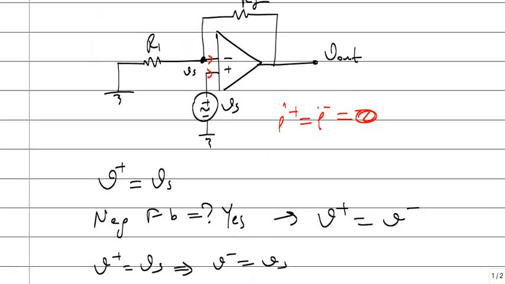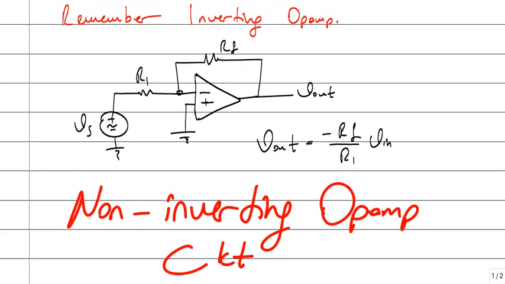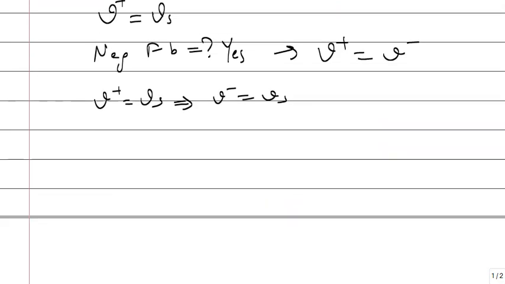Okay, this shape. What is the difference between the inverting? Everything is the same, but you change the position of V source voltage. Okay, if you carry the source voltage to the positive input, it will be non-inverting. Okay, inverting and non-inverting, you change the position of source voltage.